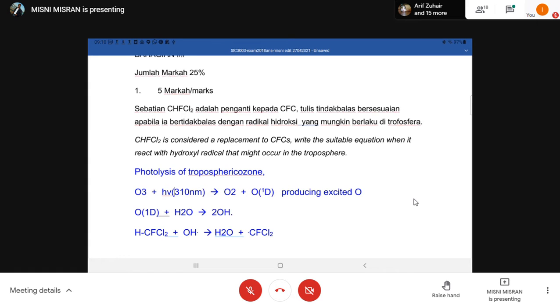Okay. So this is how we generate the OH radical. So the question is, write a suitable equation when it reacts with the hydroxyl radical. So this one is actually not necessary to write for the OH radicals for today's purposes. I explain a little bit on what happens in this troposphere and the hydroxyl generation.